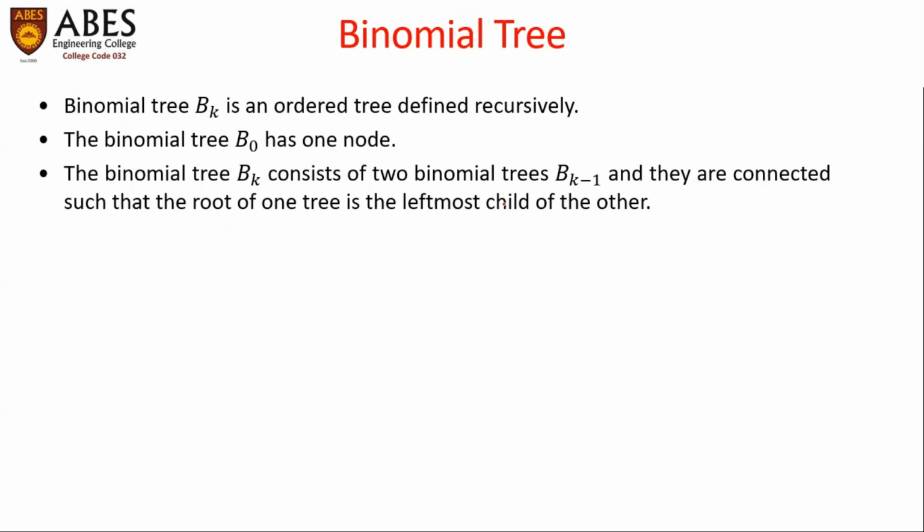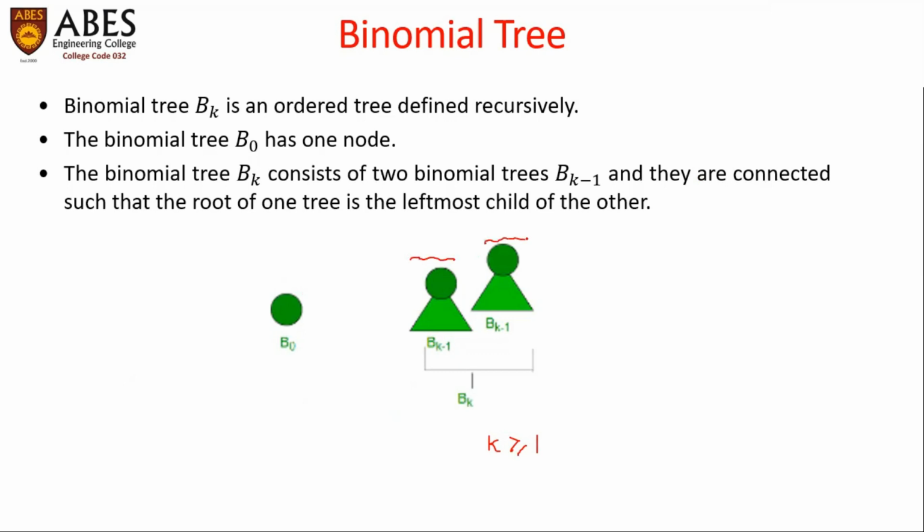What does this statement mean? As you can see, if the value of k is equal to 0, then we have one single node. But if the value of k is greater than or equal to 1, at that point we have two binomial trees of the order Bk minus 1, as you can see, Bk minus 1 and another binomial tree of the order Bk minus 1.